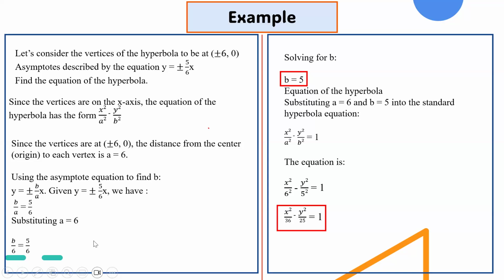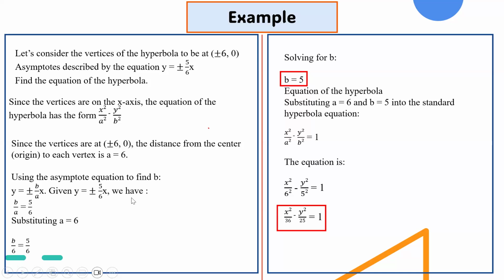Now, the asymptotes will determine the equation of the hyperbola. The form of the hyperbola will be x squared over a squared minus y squared over b squared equal to 1. Now, the asymptotes given is y equal to plus or minus 5 over 6 x.